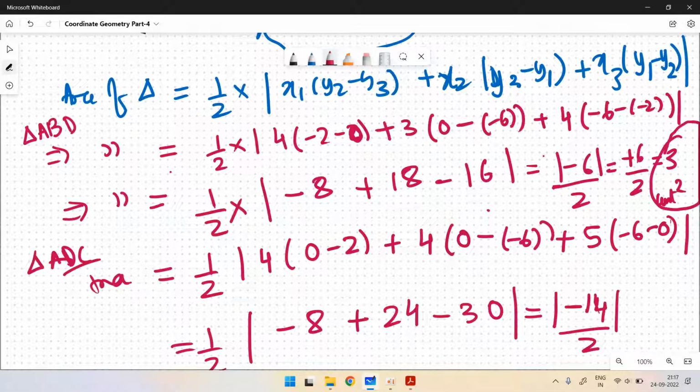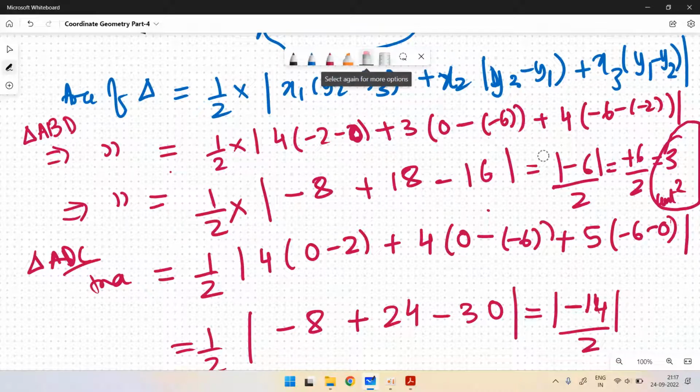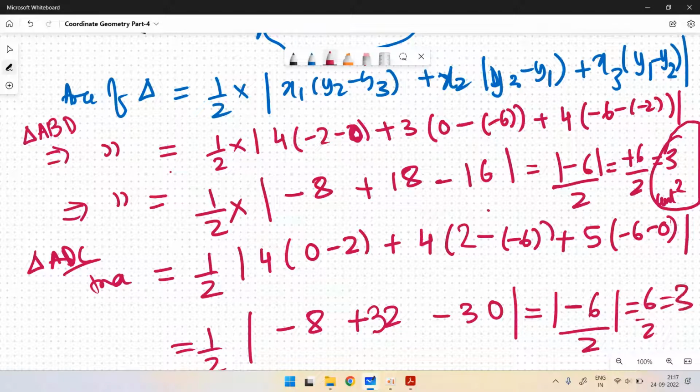So 32 minus 30 is 2, and 2 minus 8 is minus 6. This will be minus 6, and ultimately 6 by 2 is nothing but 3 unit square.